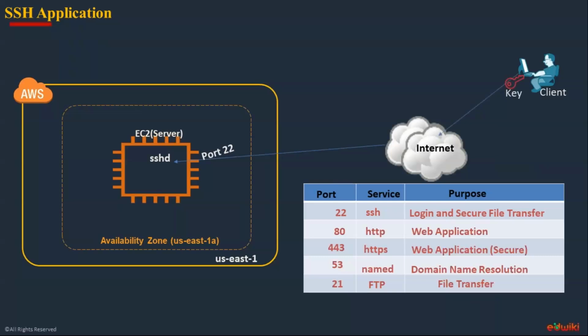Now, coming back to this slide one more time. Let's say the client is sending a request to the server on number 22, and the SSHD is the service which is running and responsible, and it will look into the request.